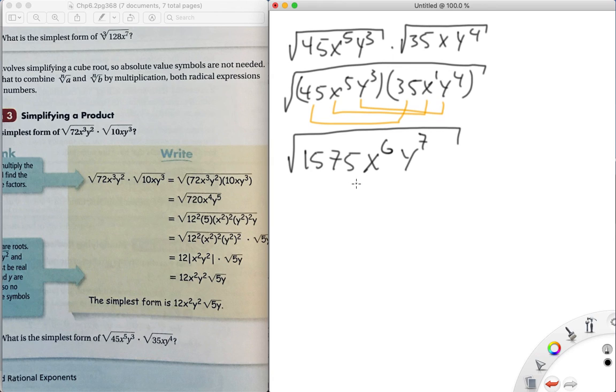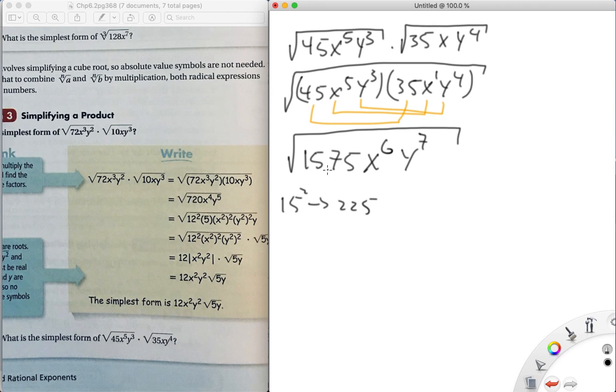And then 35 squared, that's 1225. And I cannot. So it looks like the contender is going to be 15 squared. So 15 squared is 225.